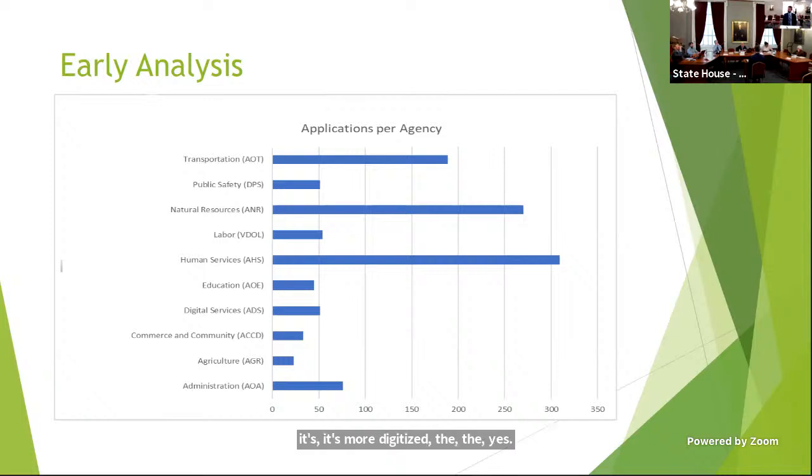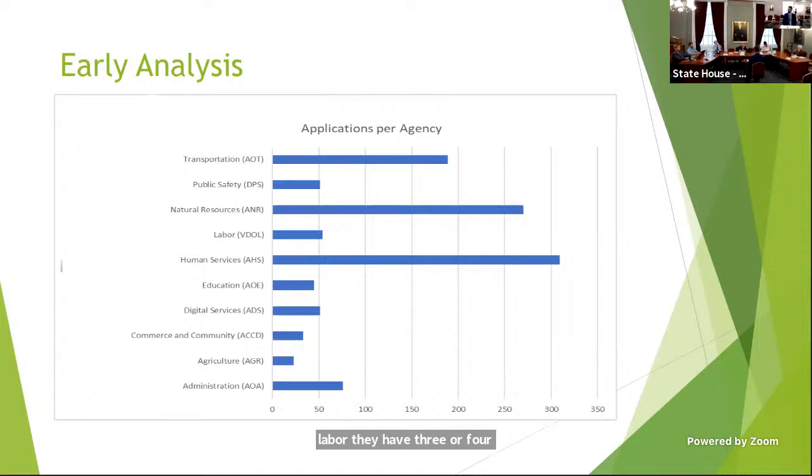Okay. Laura, from having looked at these before, I would say it's more a reflection of the diversity of the department. For instance, the Agency of Human Services, we all know, has umpteen million different programs providing different services to the public. ANR does that in a way too, whereas Labor has three or four basic functions.